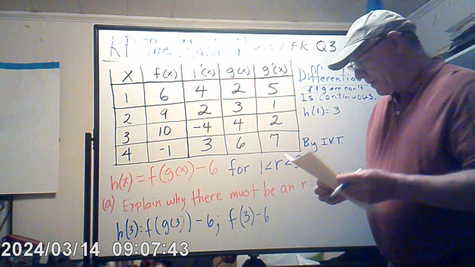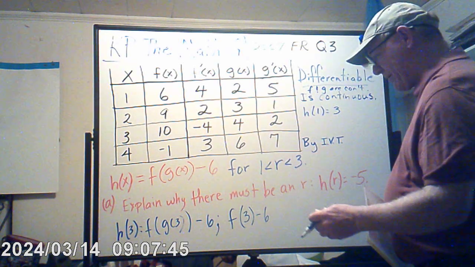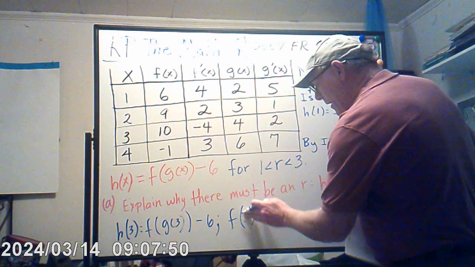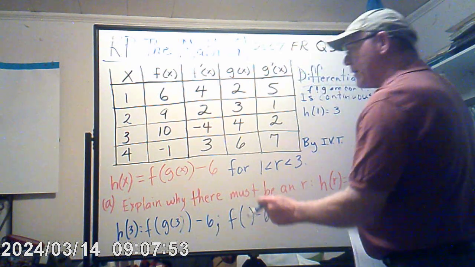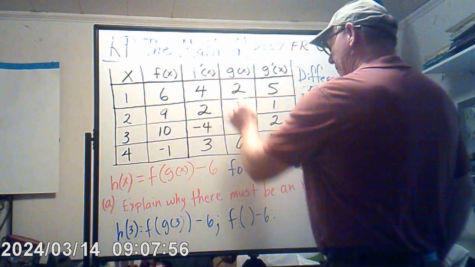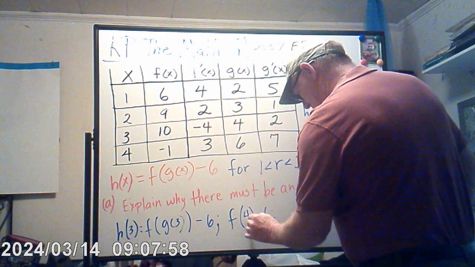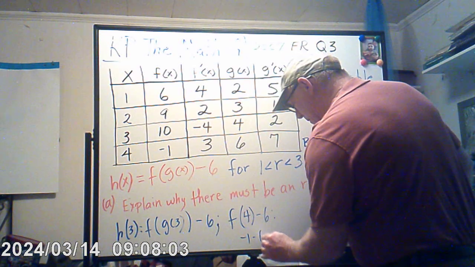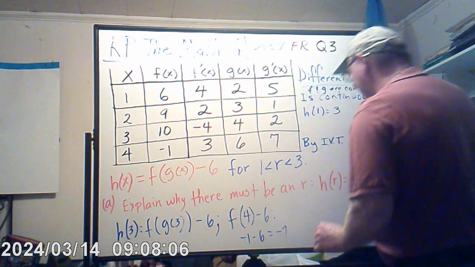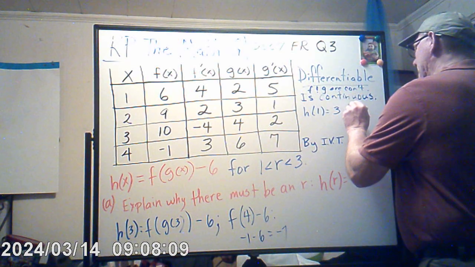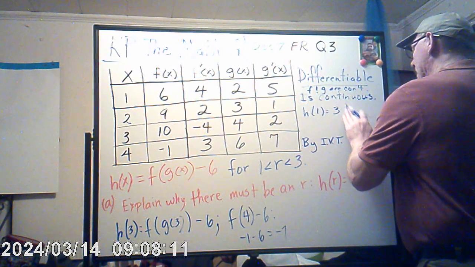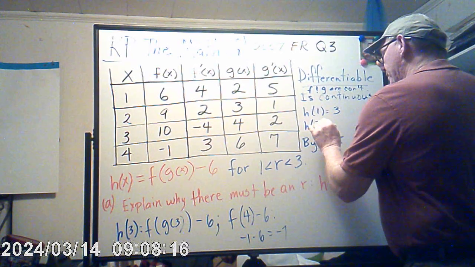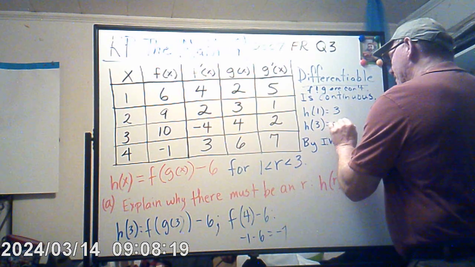So let's go ahead and see what we get with this one now. f at g at 3. Alright, g at 3 is 4. f at 4 is negative 1. And guess what? That's negative 7. So h at 3 is negative 7.